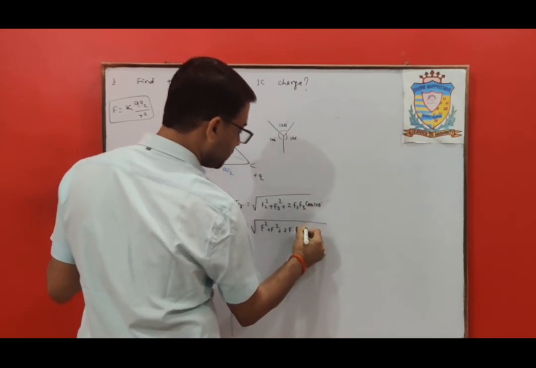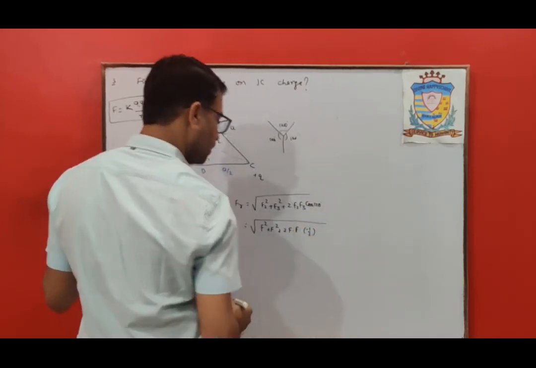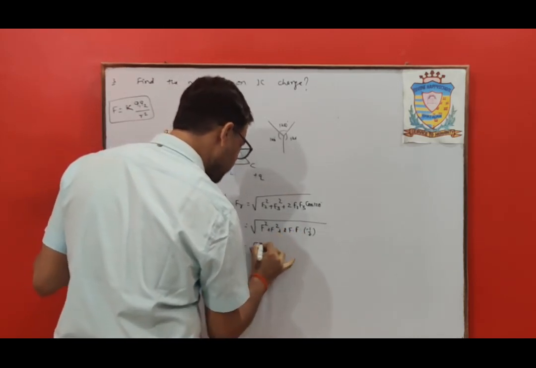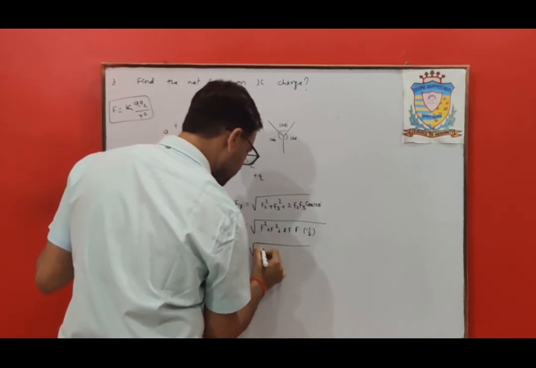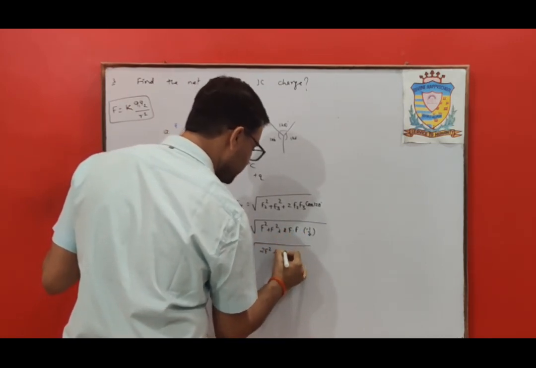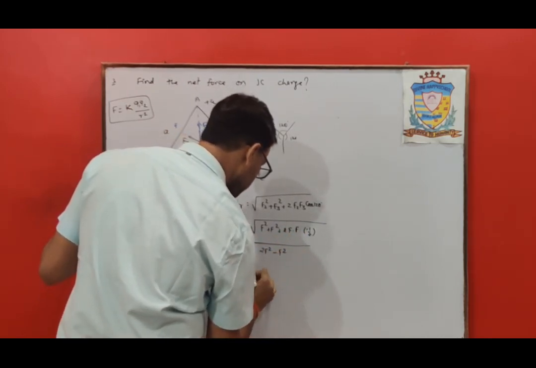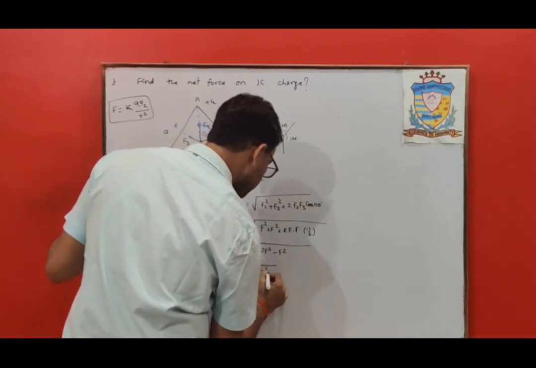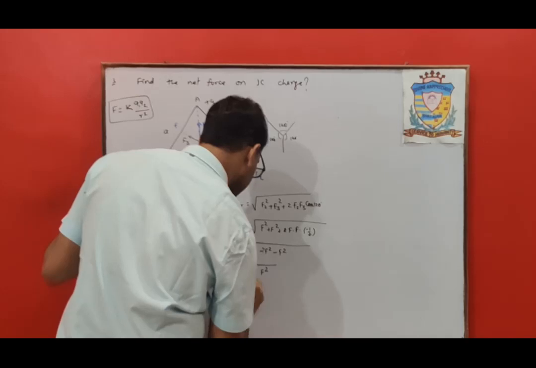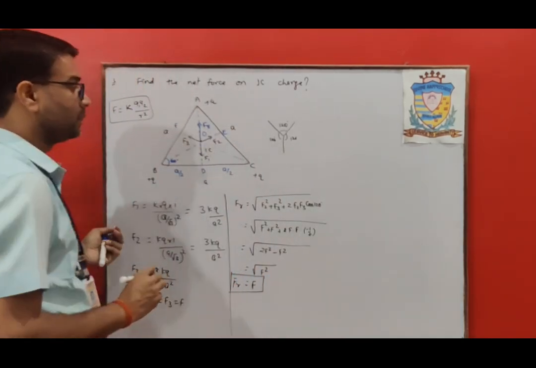Cos 120 degree is minus 1/2. So F square plus F square minus F square gives F square, so the value of FR is F.